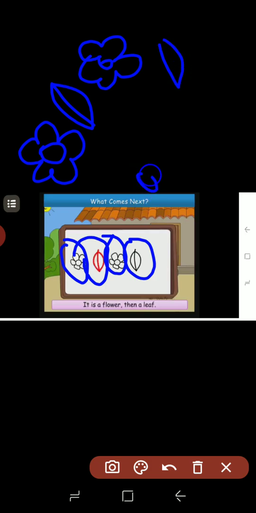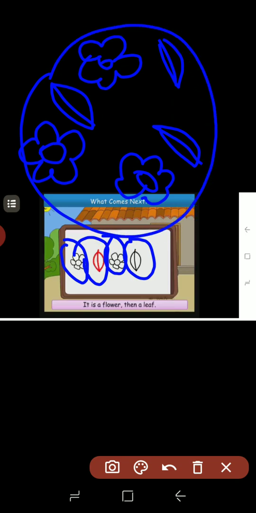Understood? Then again flower, then leaf. So these all are patterns. You should know what comes next according to the pattern.